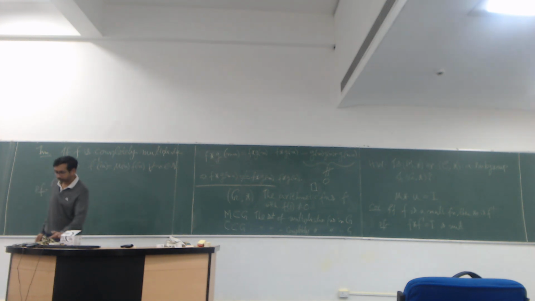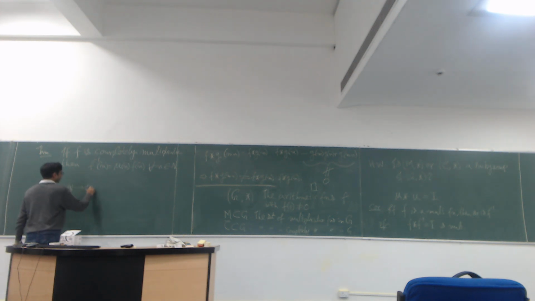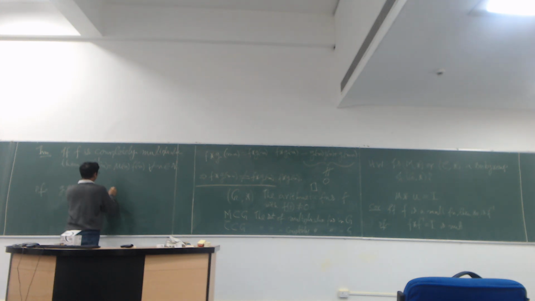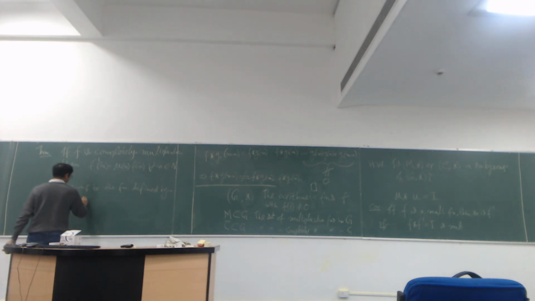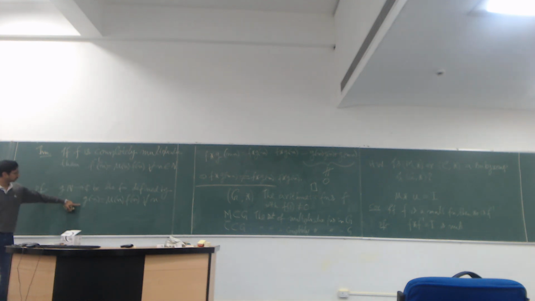Let g be a function from A to C, defined by g(n) equal to mu(n) f(n) for all n. Now what we are going to do here, we will compute the Dirichlet convolution of this with f.